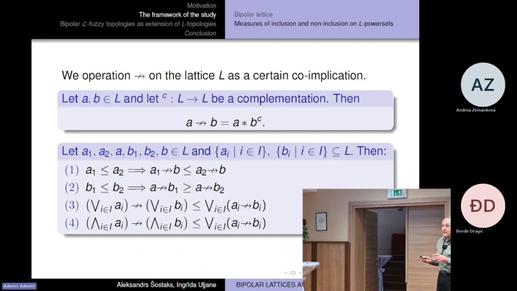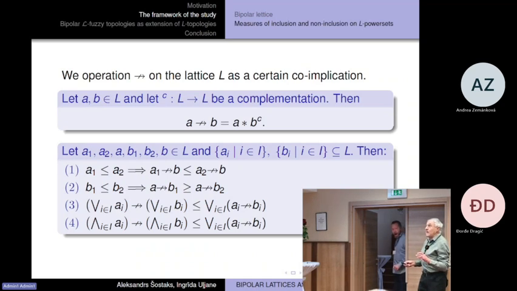Up to now we didn't use C, and the work could be finished at this point, but our idea is to continue it. To some extent, the first part is already finished. Now, going to the second part, we need complementation. It is not related to the residuum.